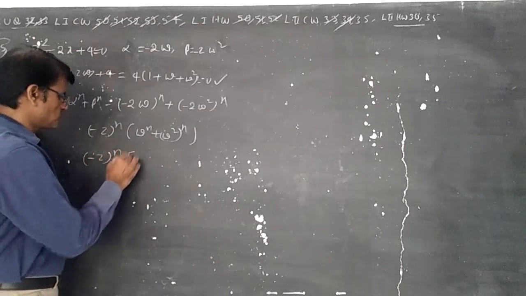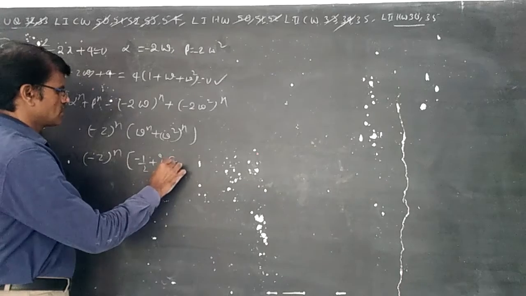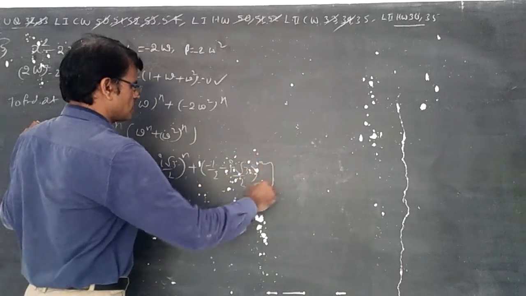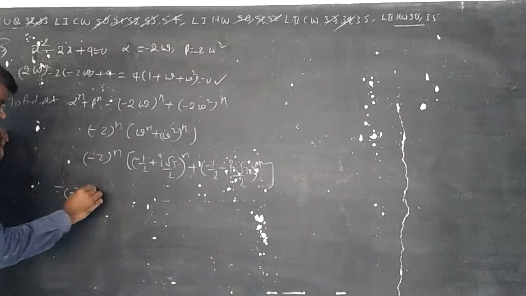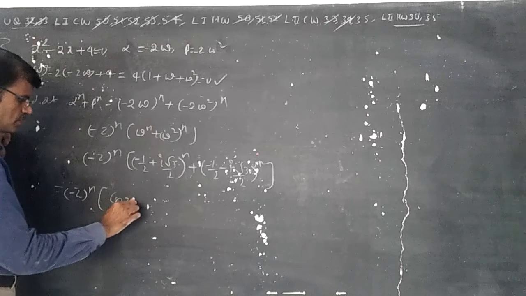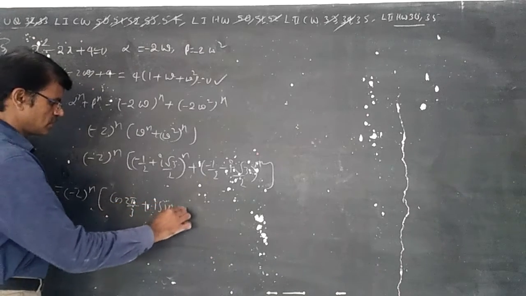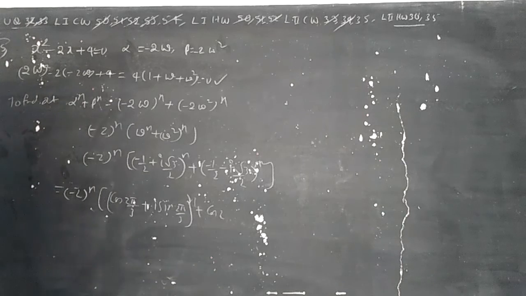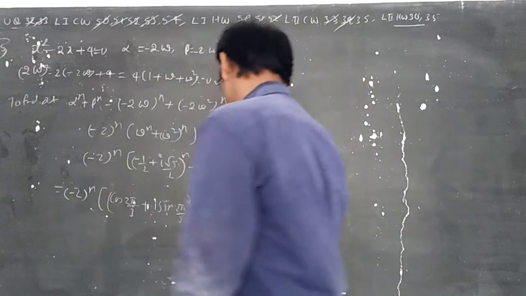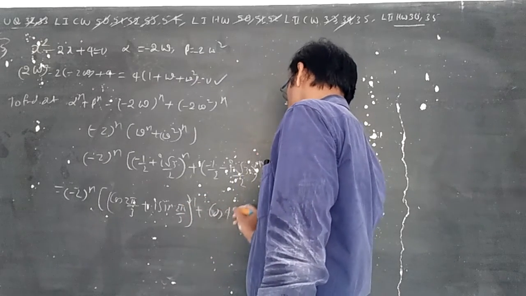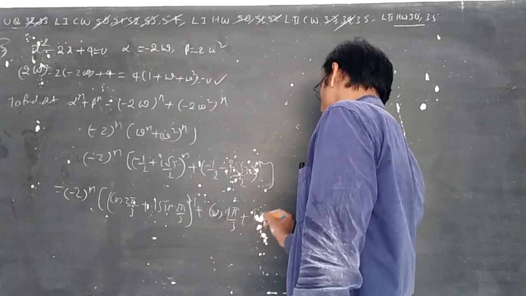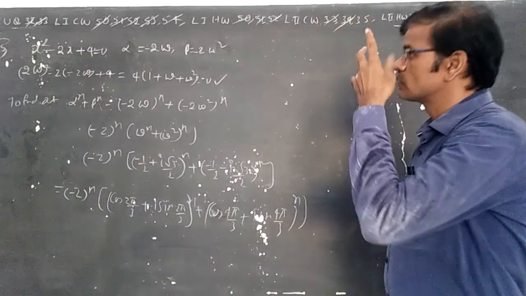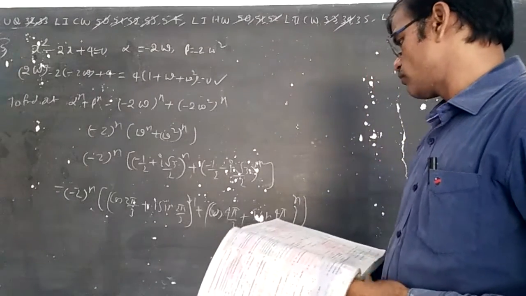So you write here minus 2 power n into, minus 1 by 2 plus i root 3 by 2 whole power n plus minus 1 by 2 minus i root 3 by 2 whole power n, that is equal to minus 2 whole power n into cos 2 pi by 3 plus i sin 2 pi by 3 whole power n plus, this is omega square, so cos 4 pi by 3 plus i sin of 4 pi by 3 whole power n, power 4 n pi by 3.